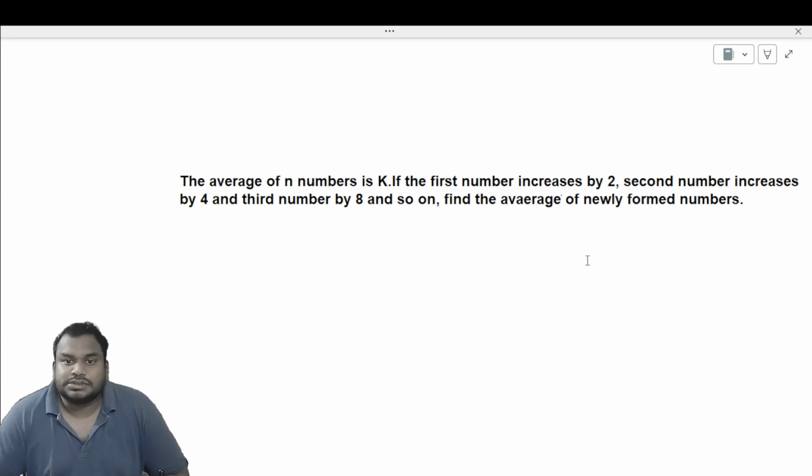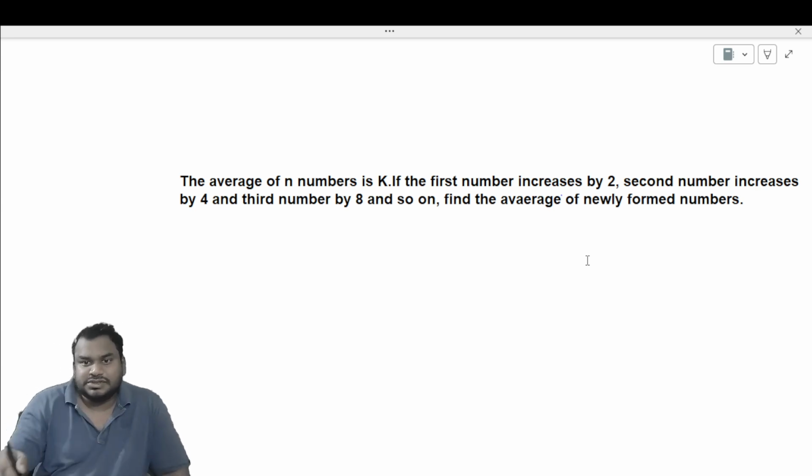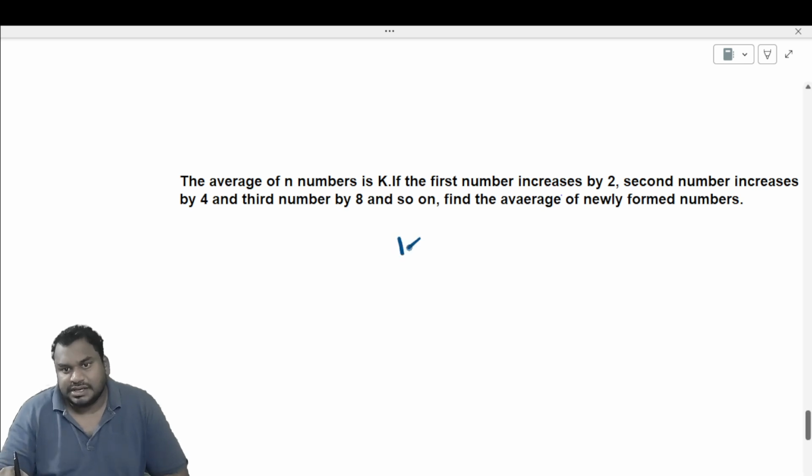The next question. The average of n numbers is k. If the first number increases by 2, second number increases by 4, and third number by 8, and so on, find the average of the newly formed numbers. So the average of n numbers is given as k.